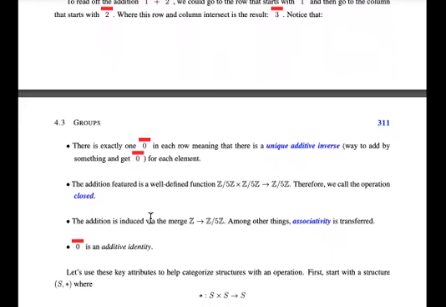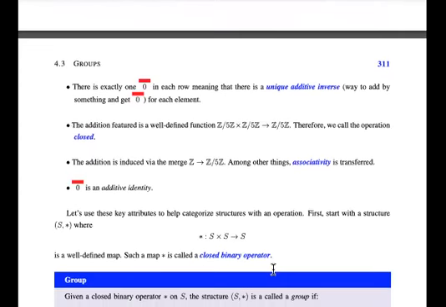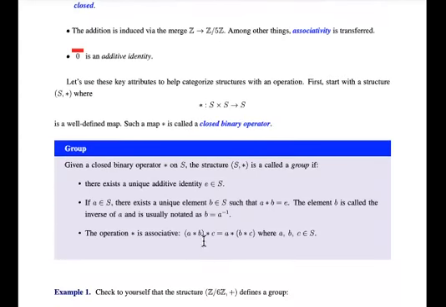Okay, there's also something called associativity. Now, if we recall, associativity looks something like this. Like we can move parentheses around, and we can regroup things. Now, this actually is given to us for free if we took it from a group, if we preserved an operation from a bigger set with that operation, such as the integers.